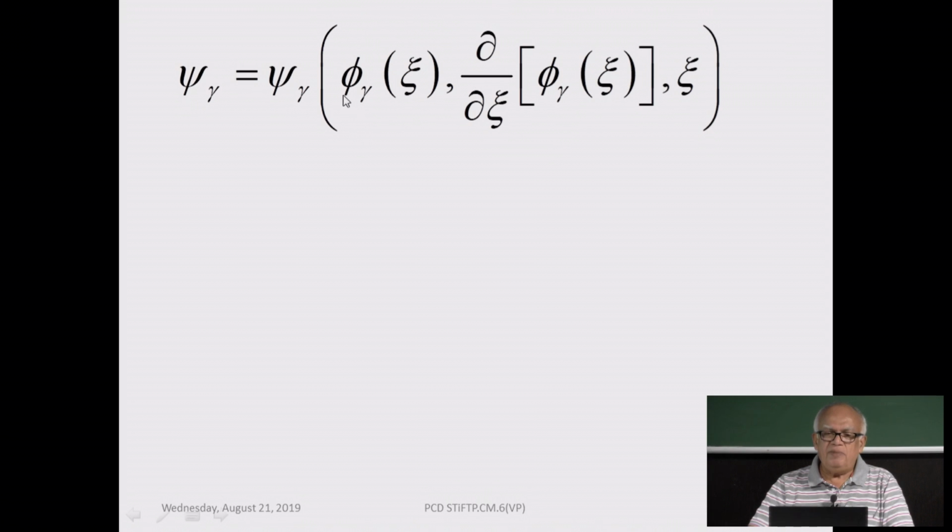Then there is a dependence on xi via how phi depends on xi, and also at what rate phi depends on xi. How sensitive is phi to xi? Is it strongly dependent on the grandchild's performance, or does his son's happiness only weakly depend on that?